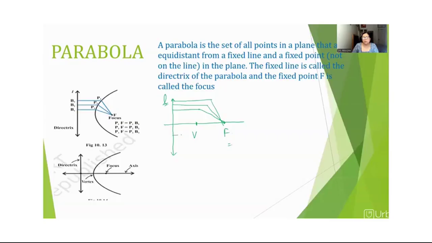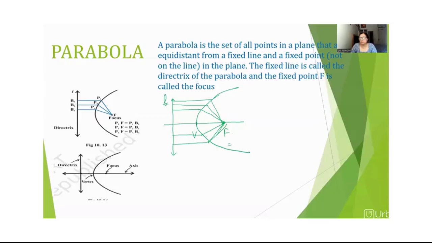Similarly, we join a few points here. These are the points which are equidistant from this line as well as this point. Now, if we connect such points, what do we get? We get a parabola.